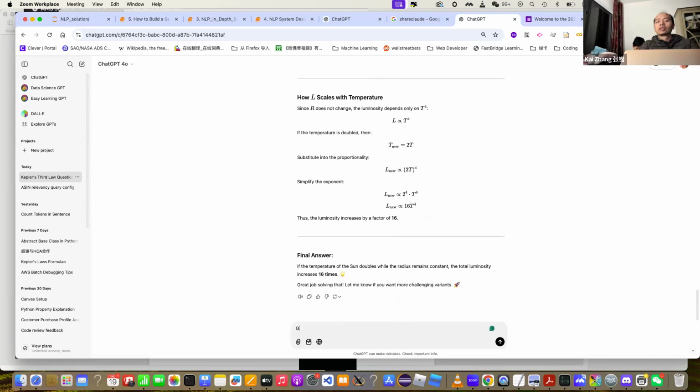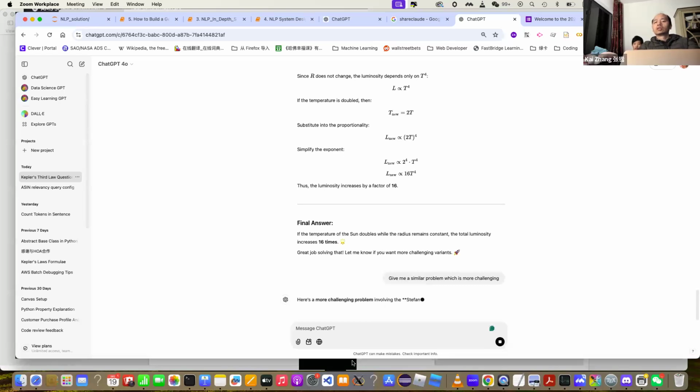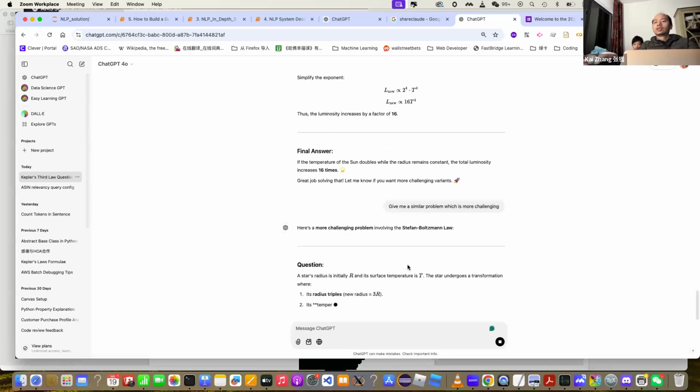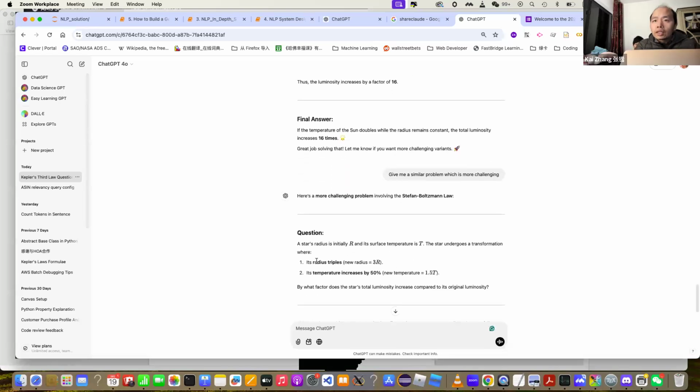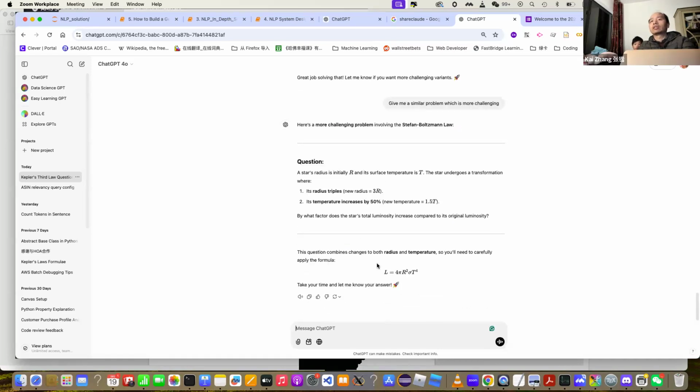Give me a similar problem which is more challenging. So if the radius triples, so it changed, and the temperature increased by 50%, so that's 1.5 T. How do you calculate it?